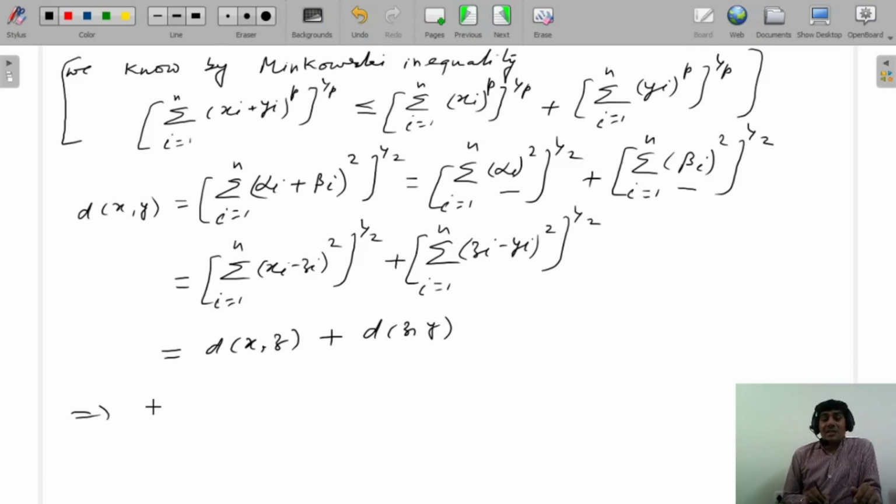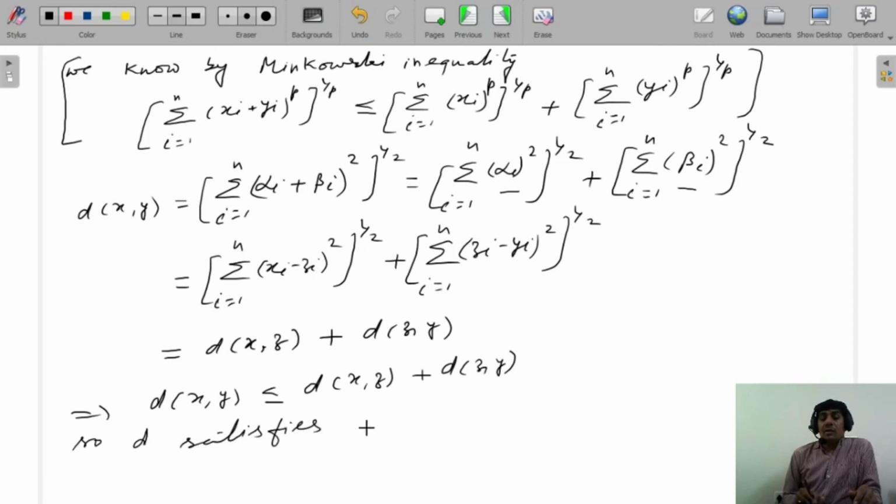This implies dxy is less than or equal to dxz plus dzy. So d satisfies the triangular inequality.